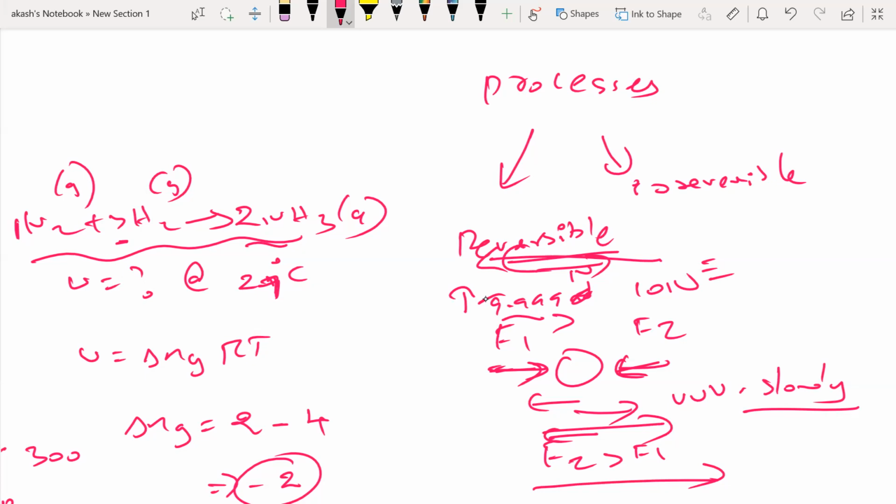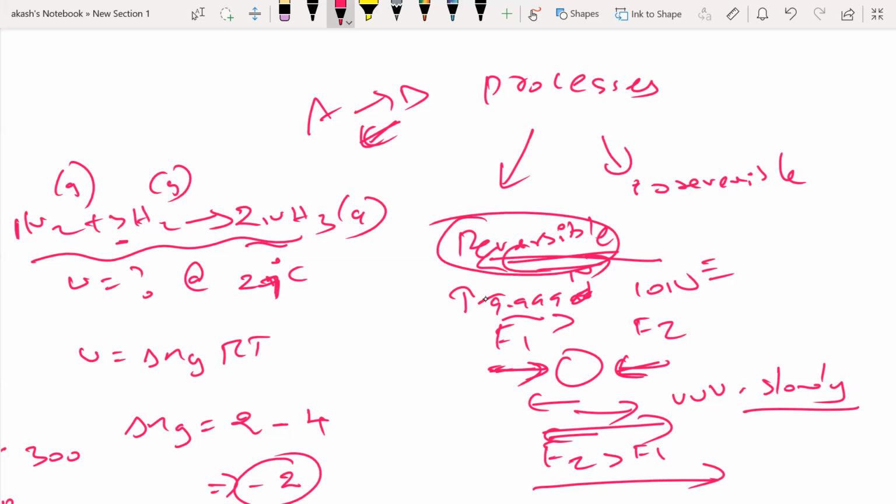So what you have to understand about a reversible process is that obviously the process is reversible. If at all I have A giving B, I will be able to go from B giving A. You can reverse the process with almost no energy spent. If at all you're able to reverse the process without spending much energy, those kinds of processes are what are called reversible processes.